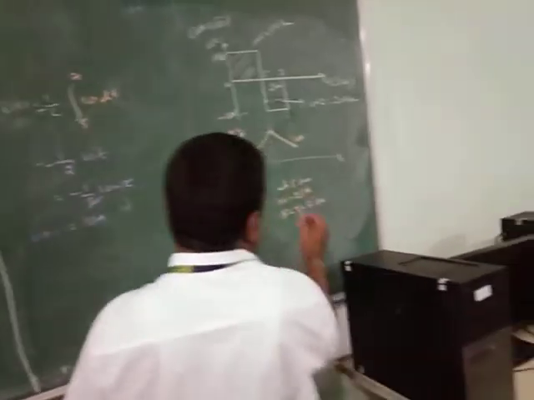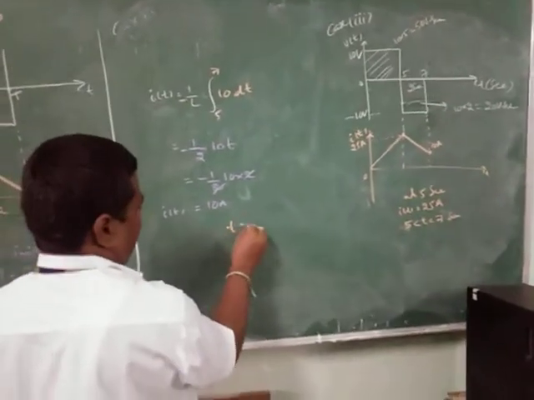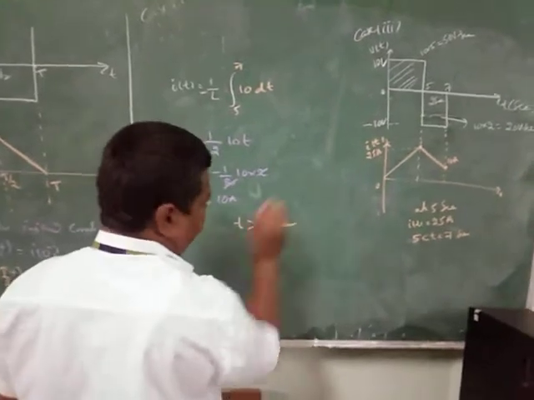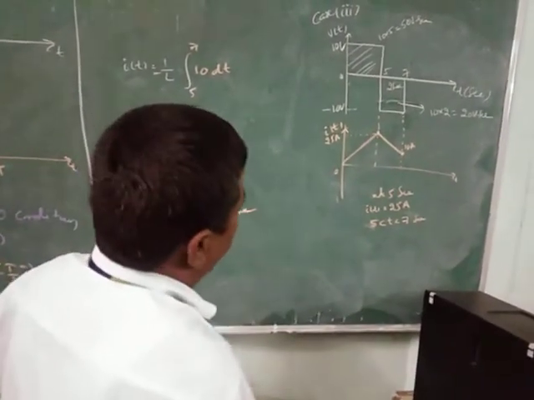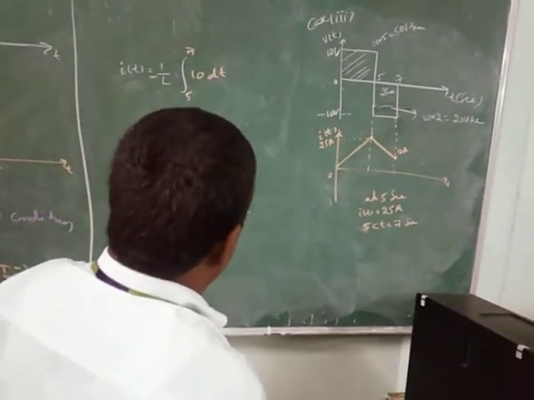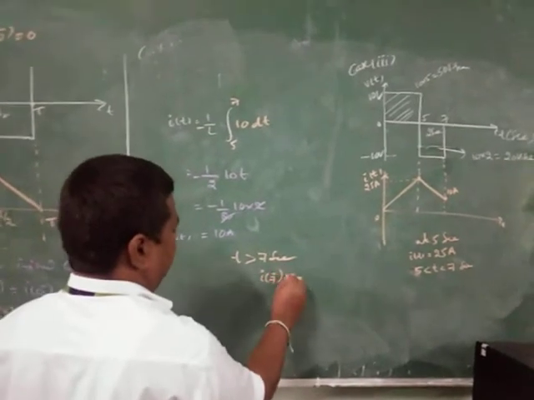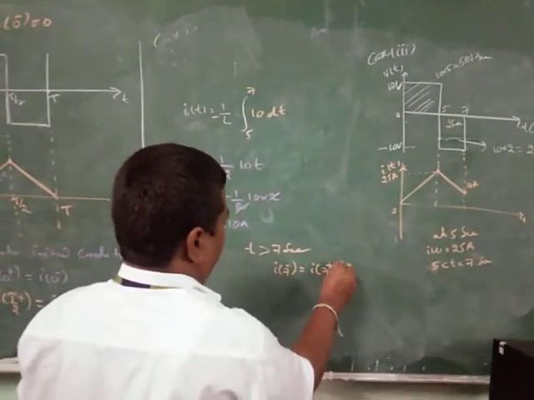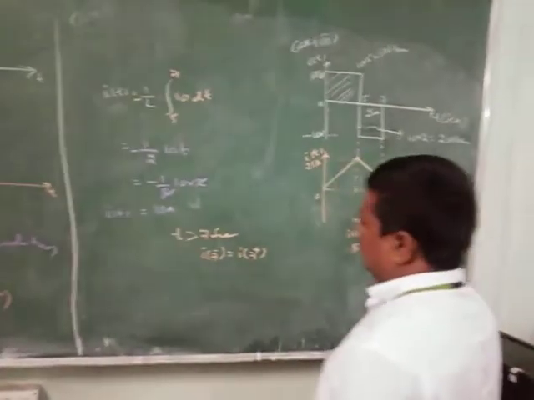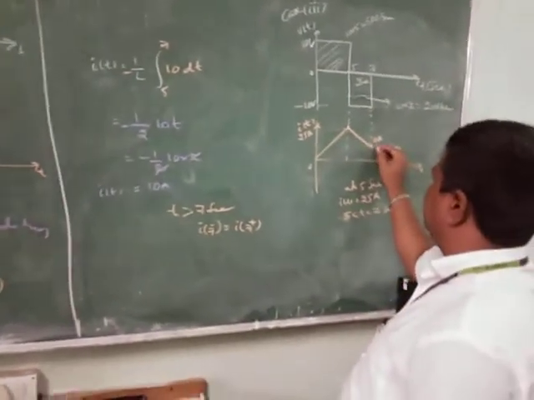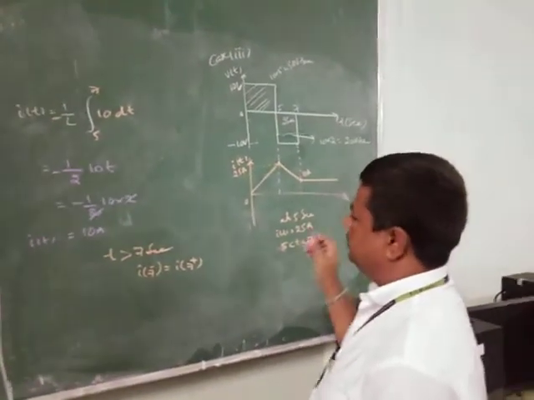Now what happened for t greater than 7 seconds? Based on the initial condition, I of 7 minus is equal to I of 7 plus. Due to this the current is constant, so it maintains a constant.